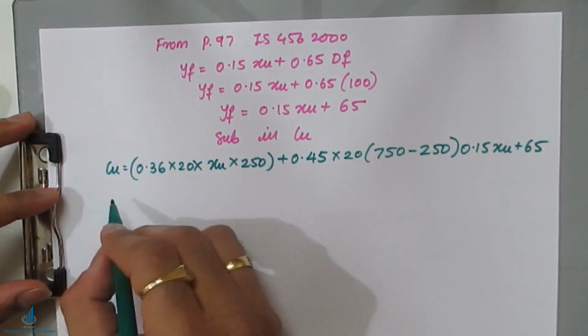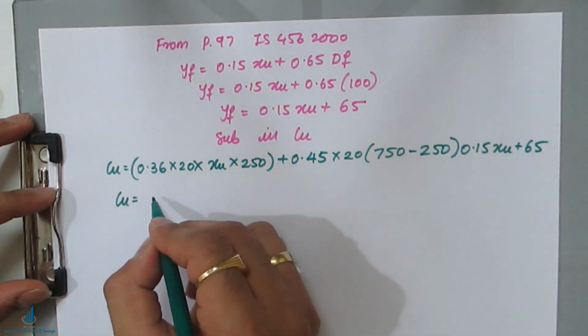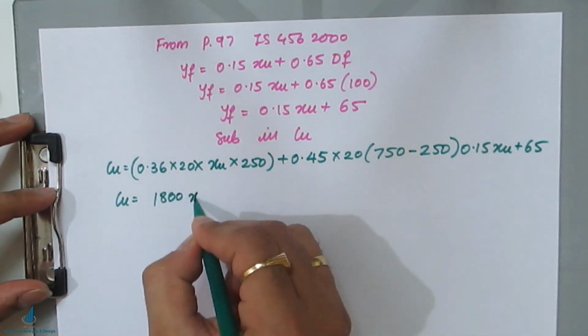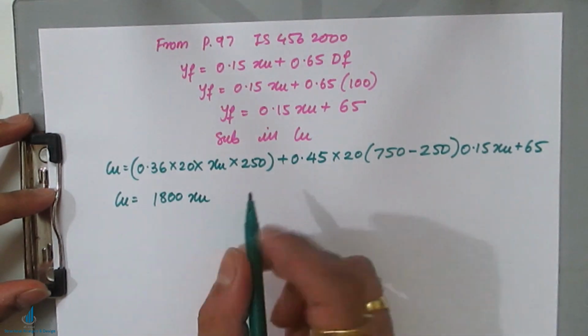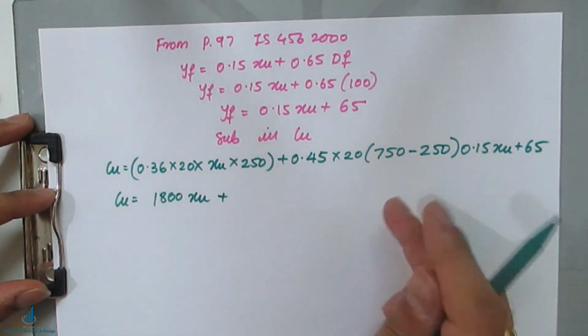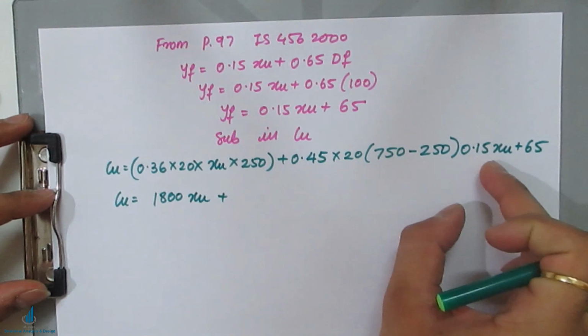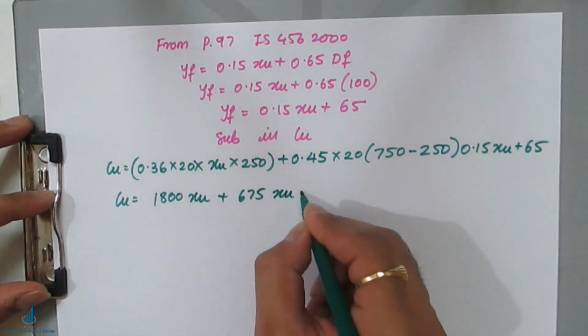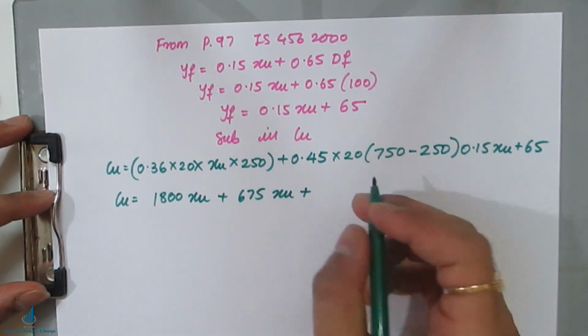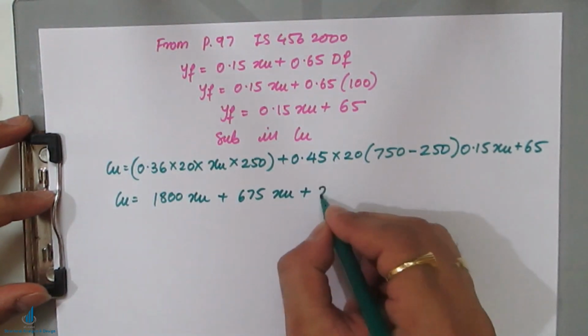Then just simplify this. Cu equals 1800 xu. When you multiply these things, you will get 1800 xu, plus this whole term into 0.15 xu, you will get 675 xu, plus this whole term into 65, you will get 292,500.